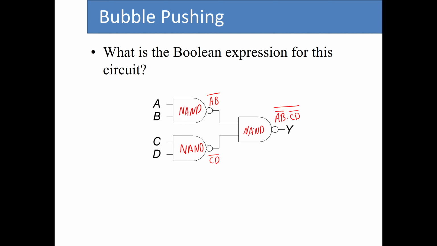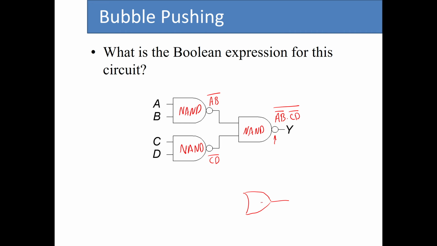But one thing that you might notice is that this is somehow very convoluted. Is there any way that we can simplify this? The way to do it is using bubble pushing. To do bubble pushing here, we start from the bubble at the output, and then we push it forward. If I do that, as I said before, the gate changes.